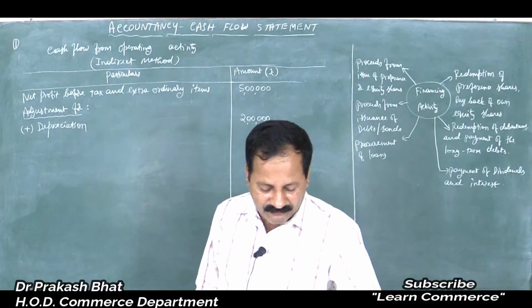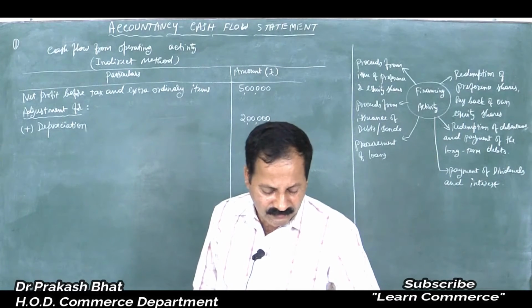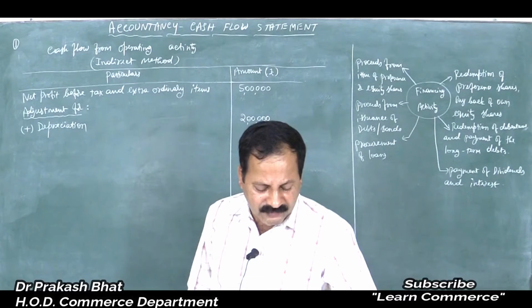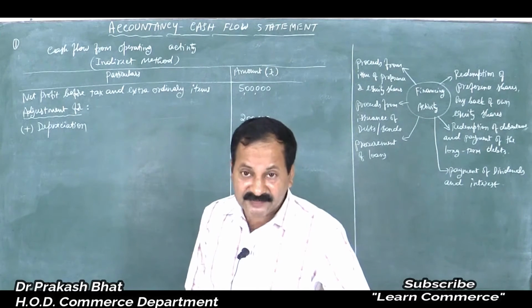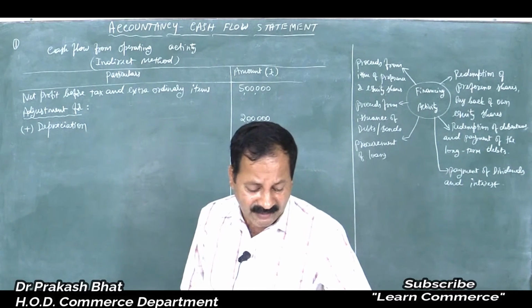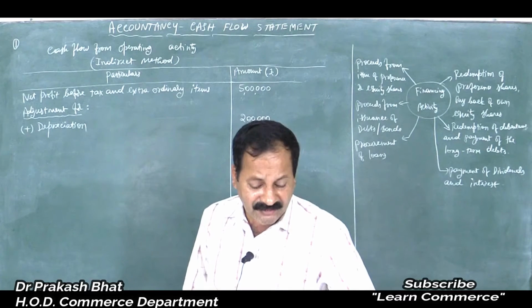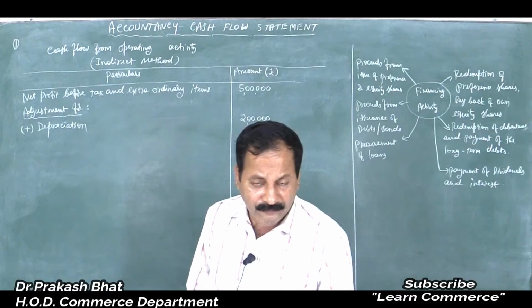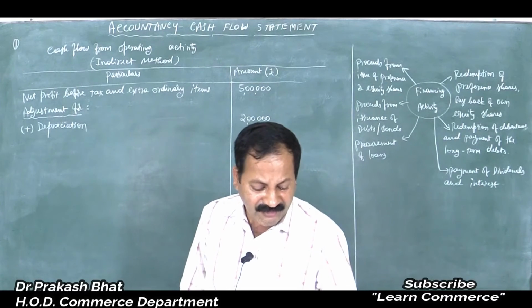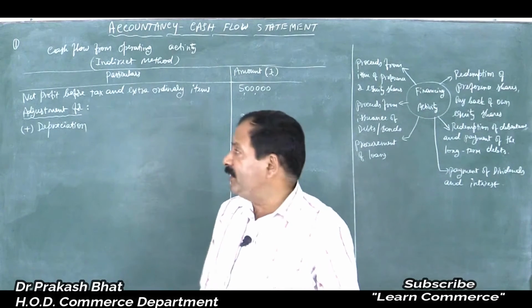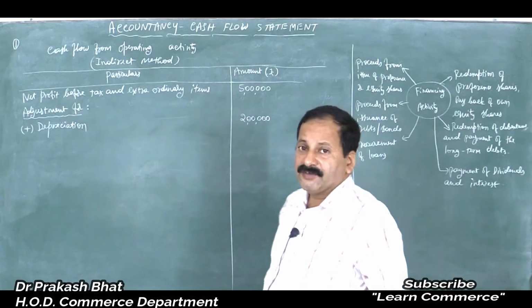Then, see, profit on sale of asset is there. It is an extraordinary item. Am I correct? Net profit before tax and extraordinary item, so the extraordinary item is not included in 5 lakh. Here the extraordinary item is profit on sale of asset.